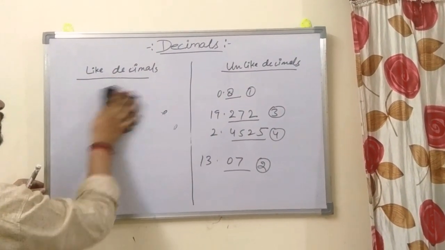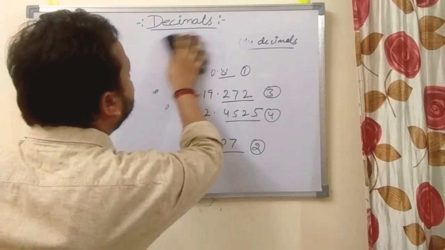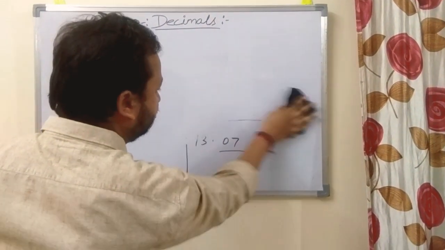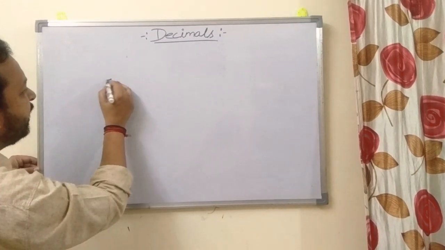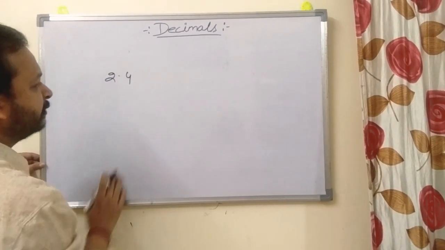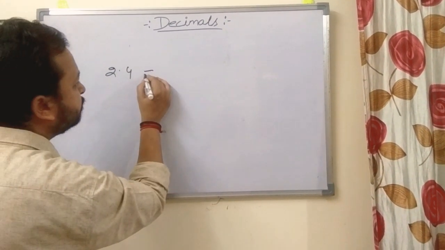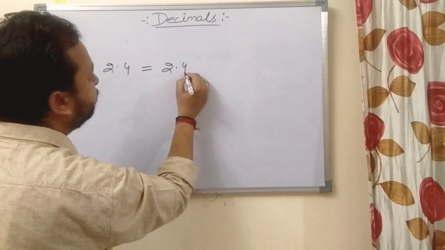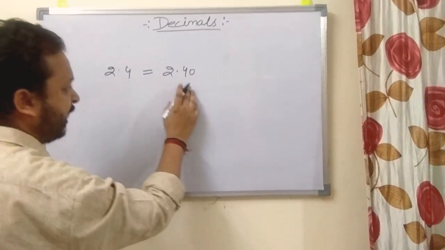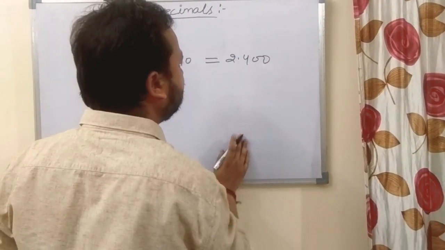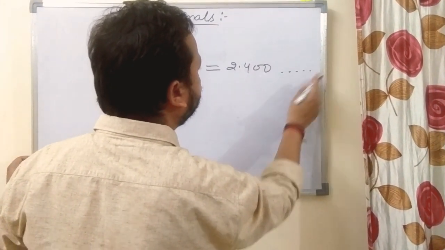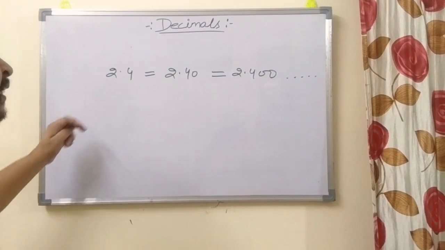One important thing: in decimals, suppose a number is written as 2.4, which is also equal to 2.40, and that is also equal to 2.400, and so on, right?